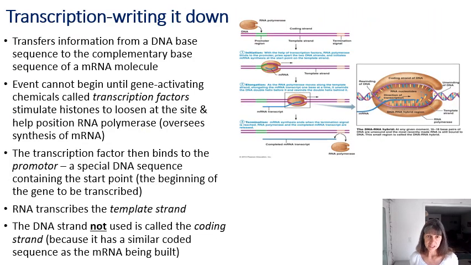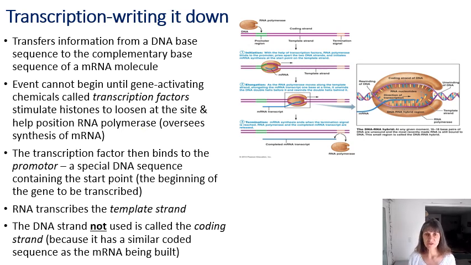The process of transcription is going to begin when special gene activating chemicals that are referred to as transcription factors stimulate the histone proteins to loosen at the site and help position RNA polymerase, which is going to direct the production of pre-messenger RNA.